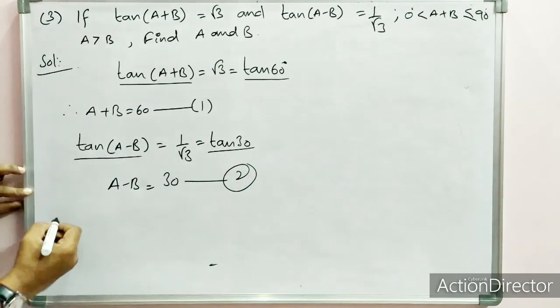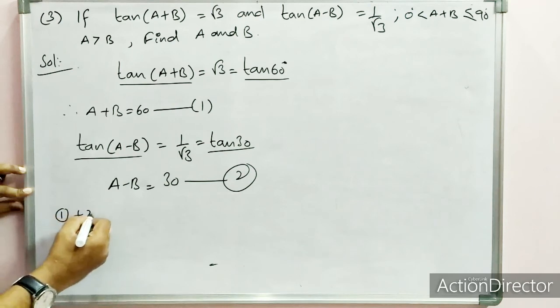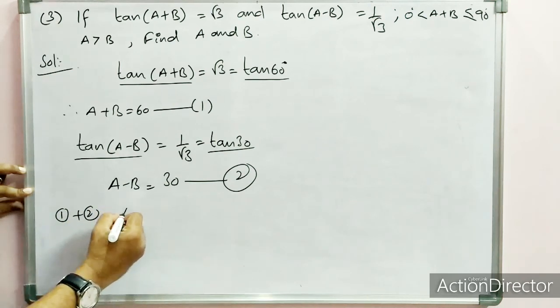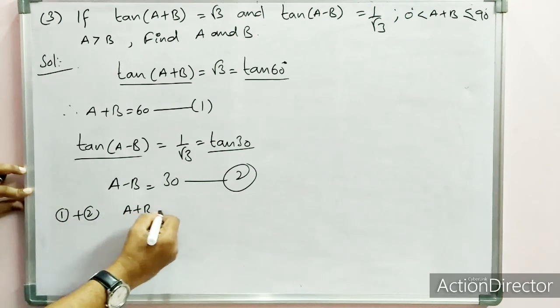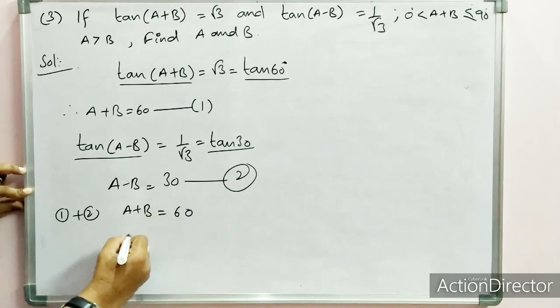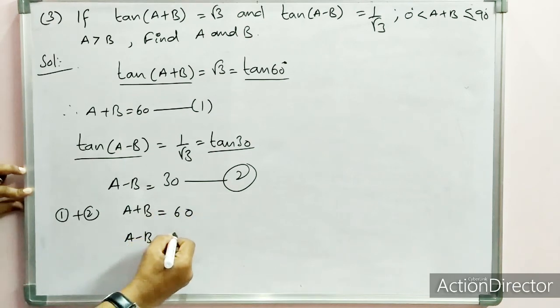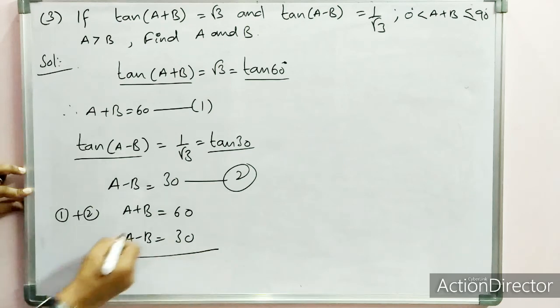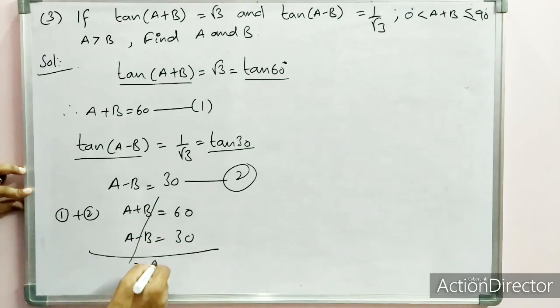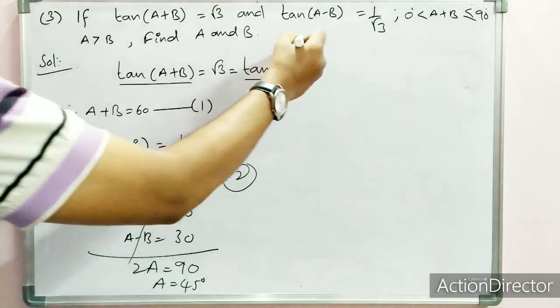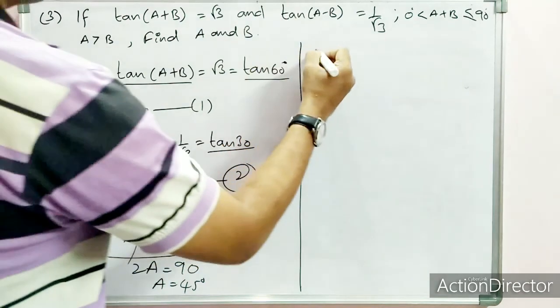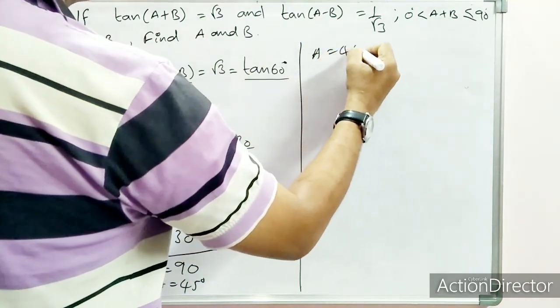Now solve 1 and 2, adding 1 plus 2. You see, A+B is 60 and A−B is 30. Adding these two, I will get 2A is equal to 90. Therefore A is equal to 45 degrees. Now I got A value as 45 degrees.